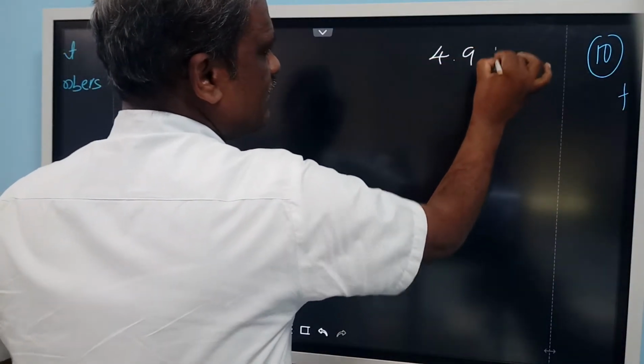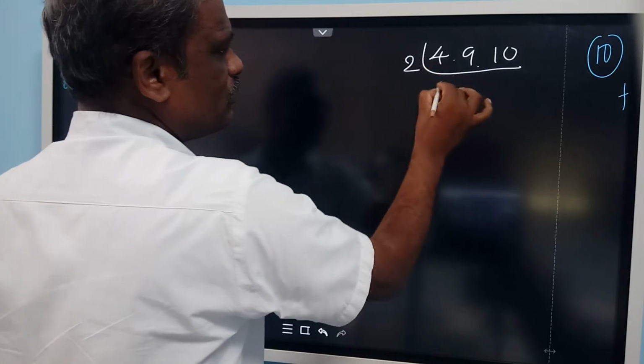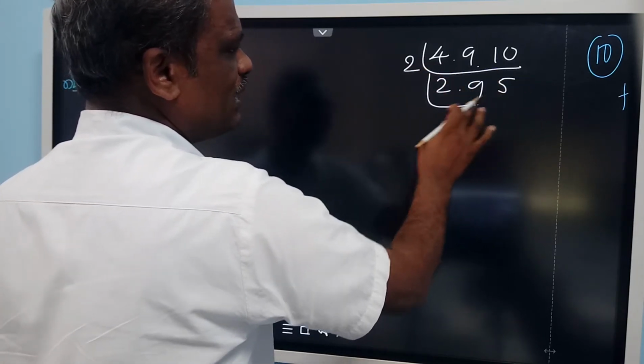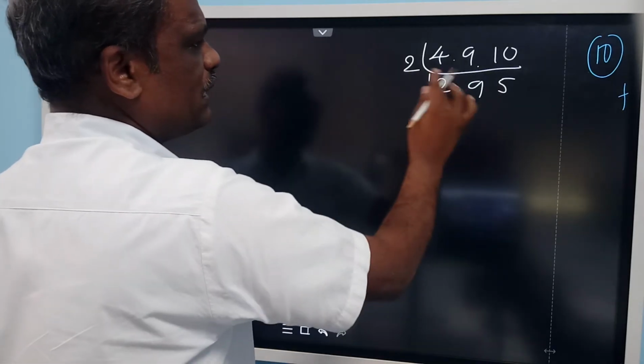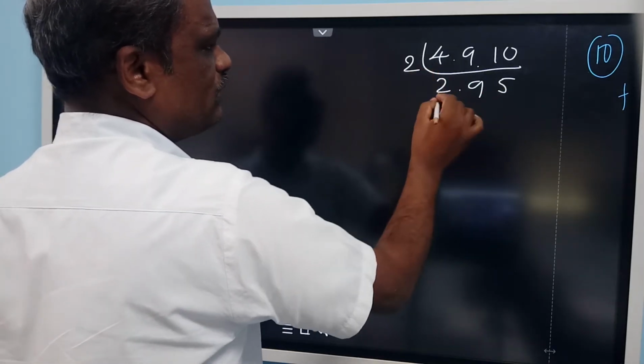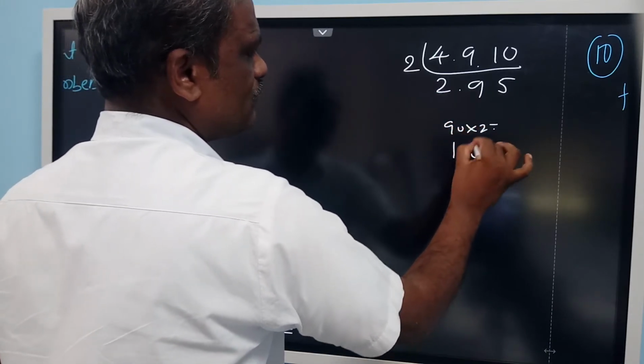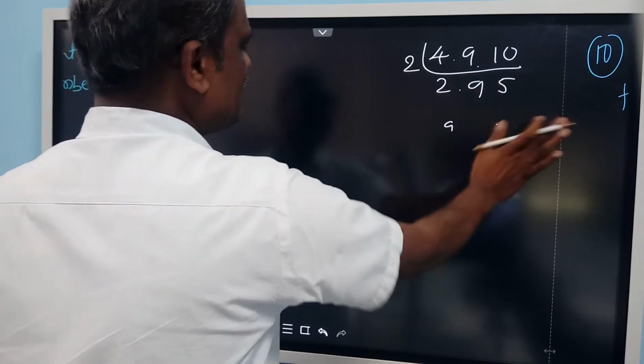4, 9, 10. Divide by 2: 2 2s are 4, 2 5s are 10. Again I think all the numbers are not divisible, so you can multiply these, that's enough. So 5 2s are 10, 10 9s are 90, 90 into 2 is 180. 180 is the LCM.